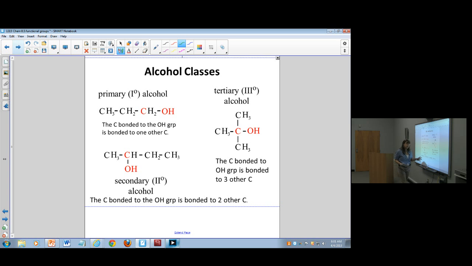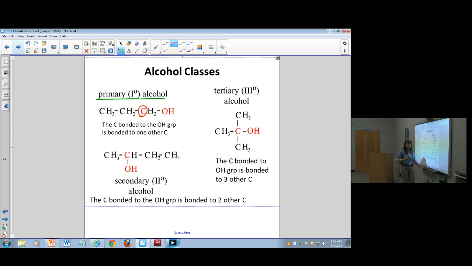Okay, now one thing I do expect you to be able to do is to identify types of alcohols. So there's going to be three types that we need to deal with. The first one is called a primary or a first-degree alcohol. And the way we make these decisions is we pay attention to the carbon that the alcohol group is bonded to.